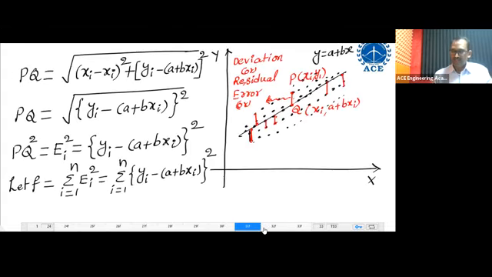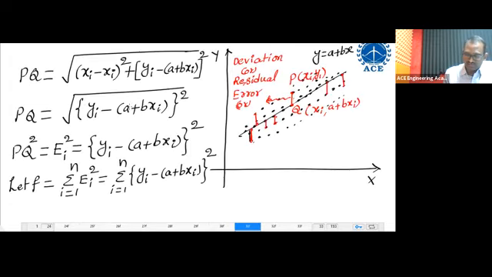Least squares error value. What is the error value? Listen to me. This is the error value, the distance between P and Q. After simplifying this error value, we will get this answer.